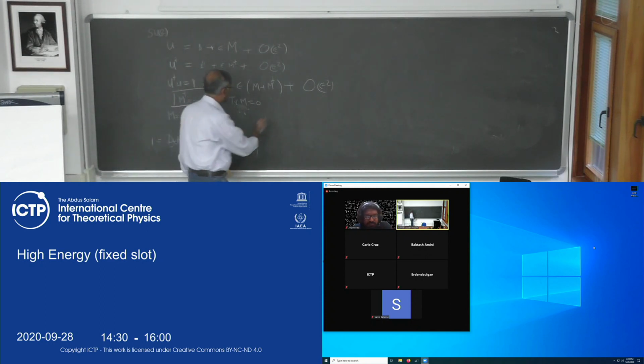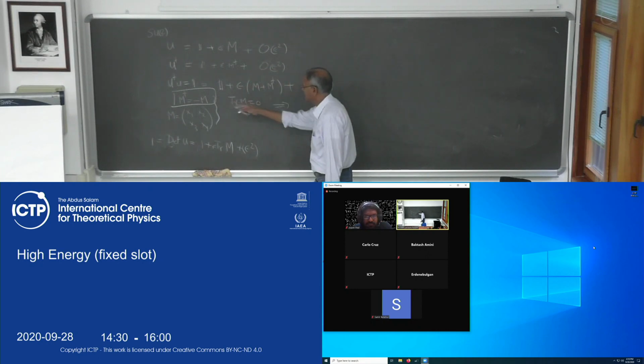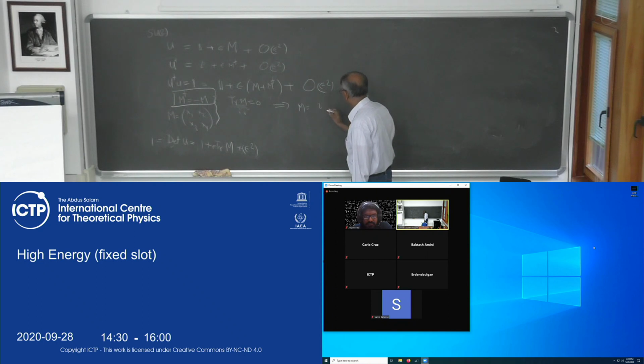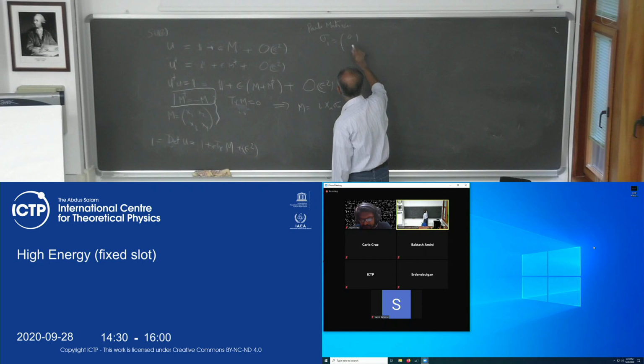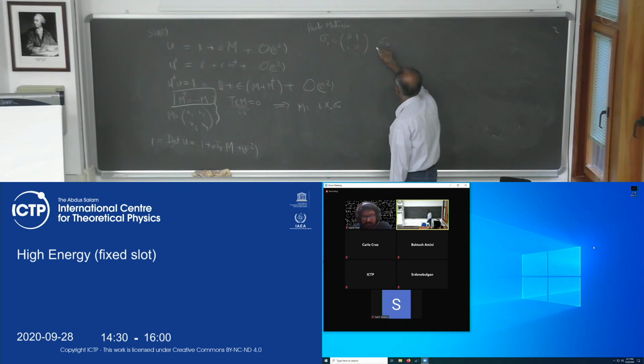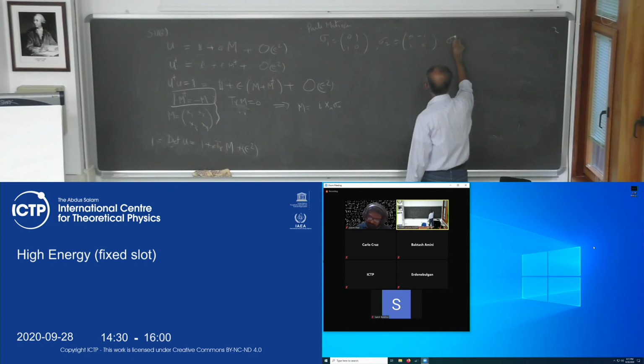And then from here, we found that the most general such M can be expressed in terms of the Pauli matrices, i x_a sigma_a, where sigma are Pauli matrices: sigma 1 was equal to (0, 1; 1, 0), sigma 2 was equal to (0, -i; i, 0), and sigma 3 was equal to (1, 0; 0, -1).